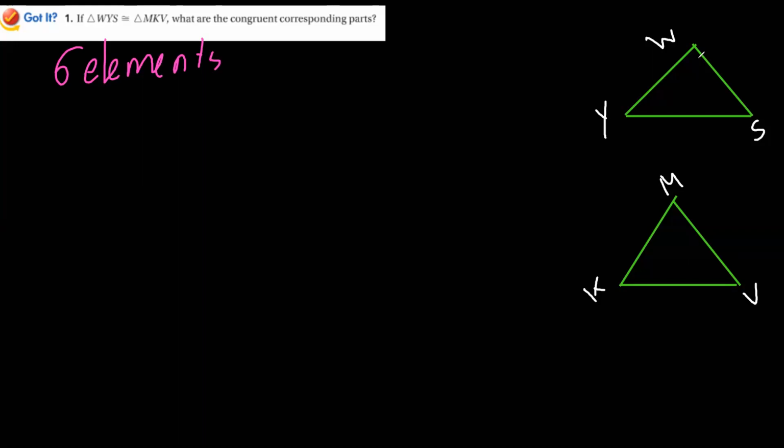Six elements. Let's start with the first one. WY is congruent to MK.